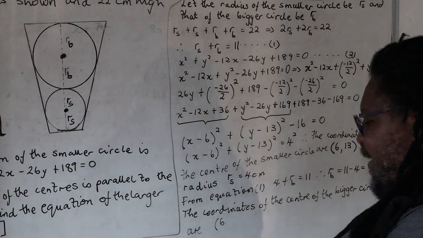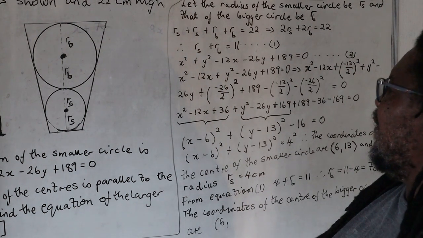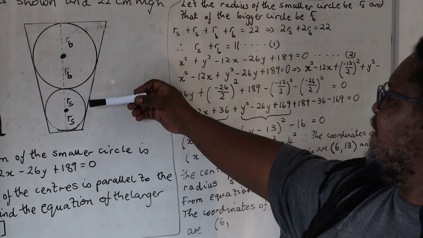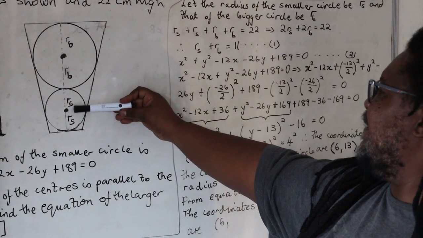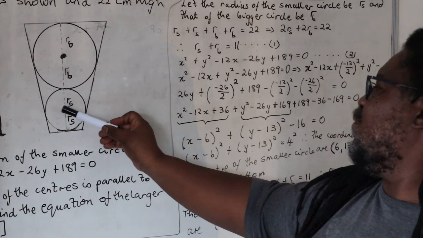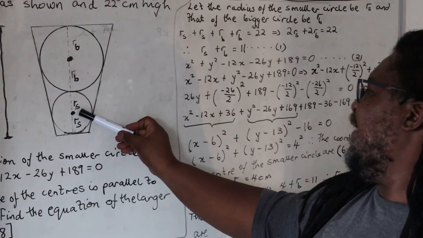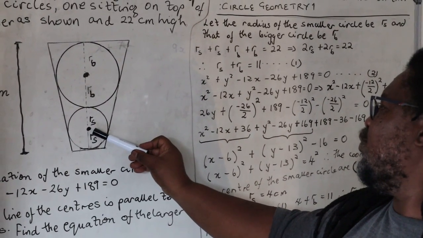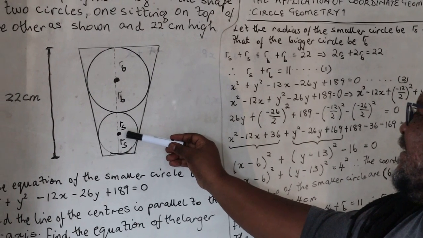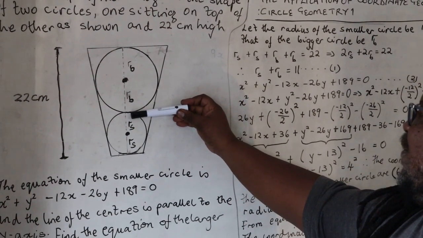And here is how we calculate the y coordinate. We know that the y coordinate of the smaller circle is 13. So if we were to look at the y-axis, this would be the line y is equal to 13. So in other words, this is 13, and we know the radius of the smaller circle is 4.